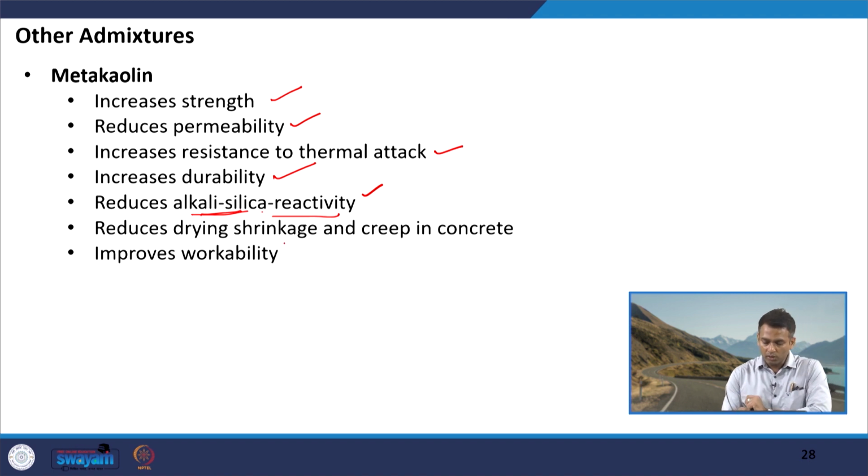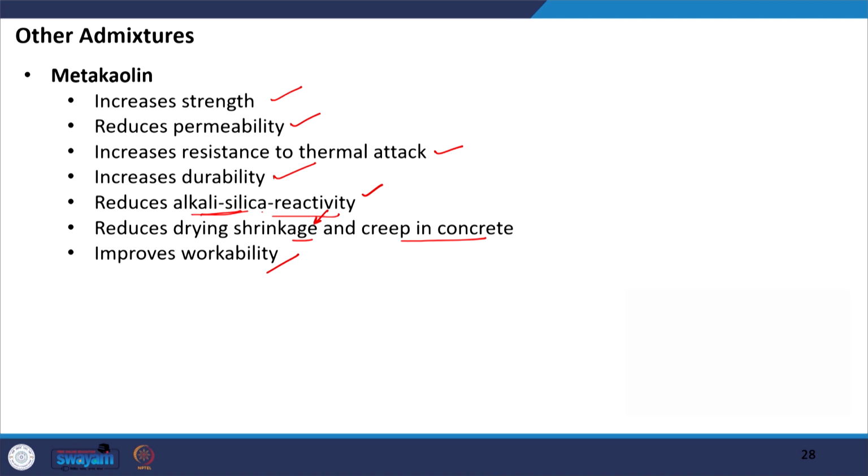And then it also reduces drying shrinkage and creep in concrete. Well, I hope you understand that in drying shrinkage there is a reduction in the volume of the concrete because of the expulsion of the capillary water which is present, and it also improves the workability of the mix.